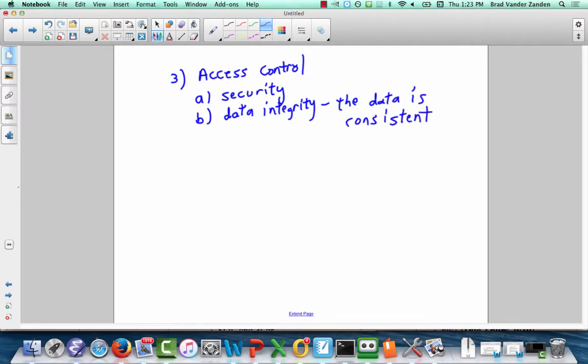For example, if at all possible in a database, we try not to store the same piece of information twice. We can't always do that. For example, there are keys like personnel numbers that have to be stored in multiple places in the database.